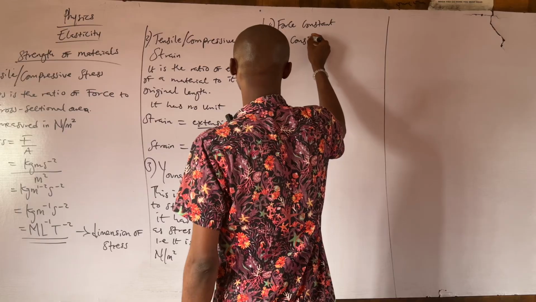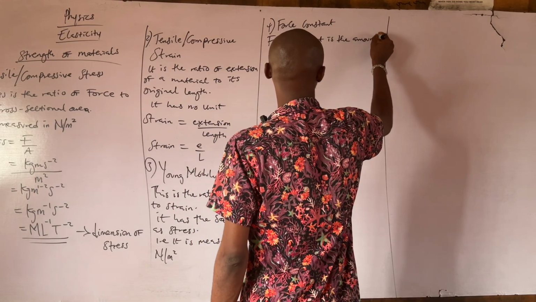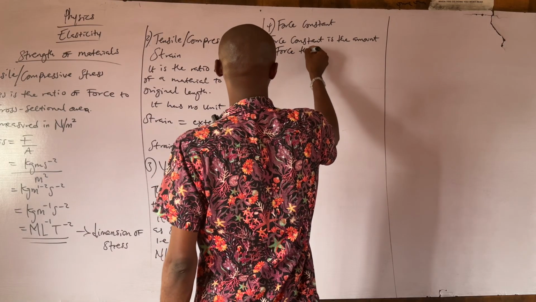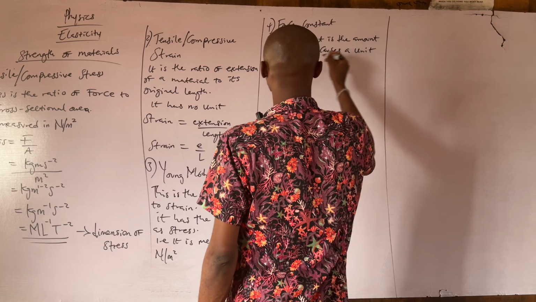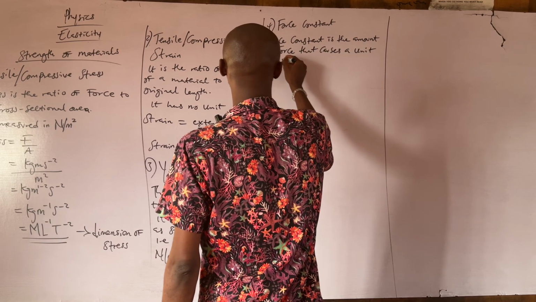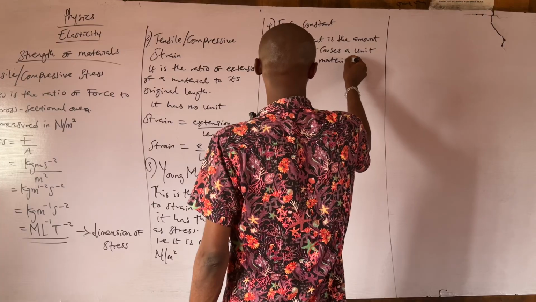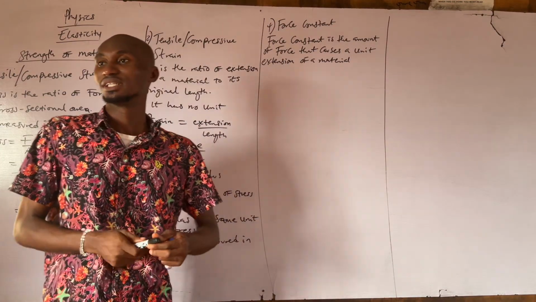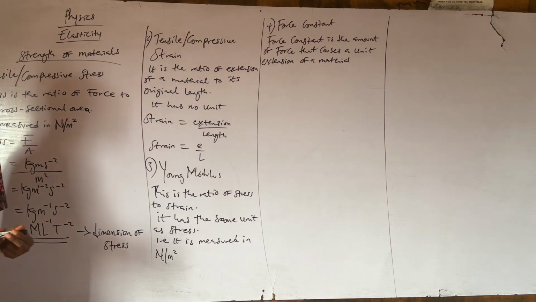Force constant is the amount of force that causes a unit extension of a material.